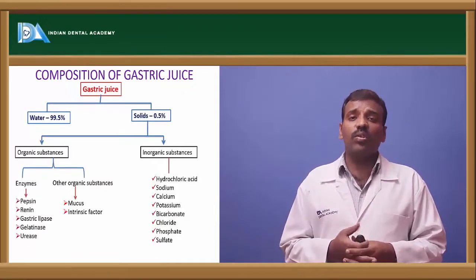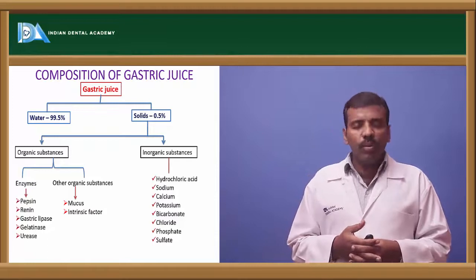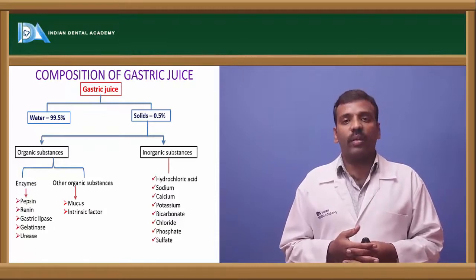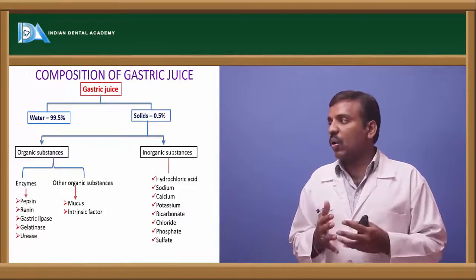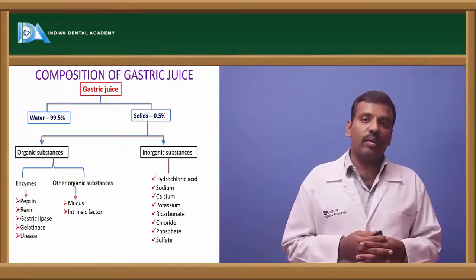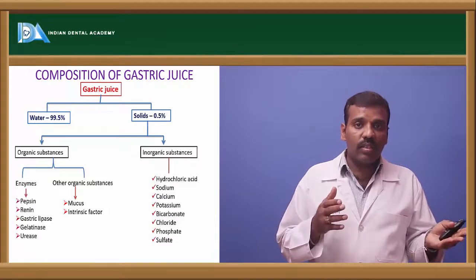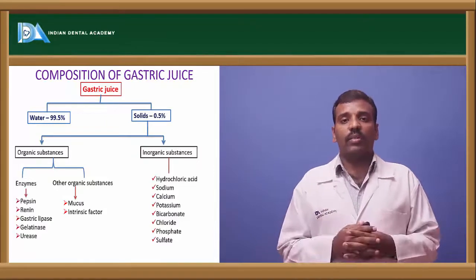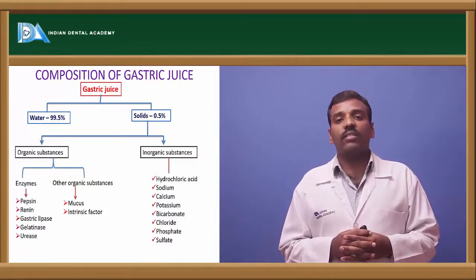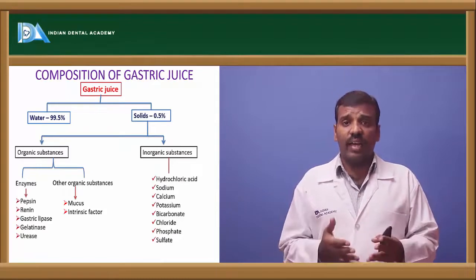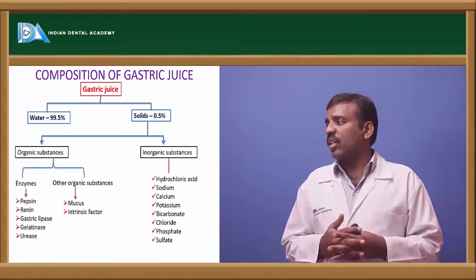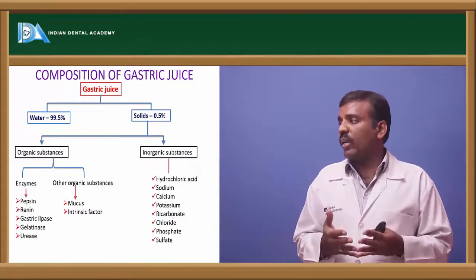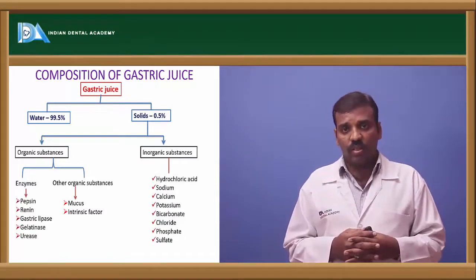And next, the composition of the gastric juice. 99.5% is water and 0.5% is solids. In these solids there are two types of substances: organic and inorganic. Inorganic substances are minerals like anions and cations: sodium, potassium, chloride, hydrochloric acid, bicarbonates, phosphates and sulfates.